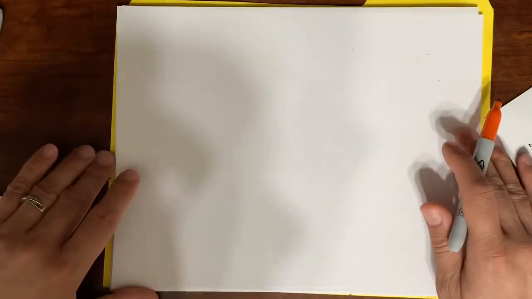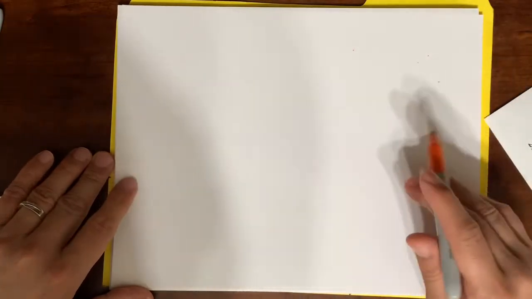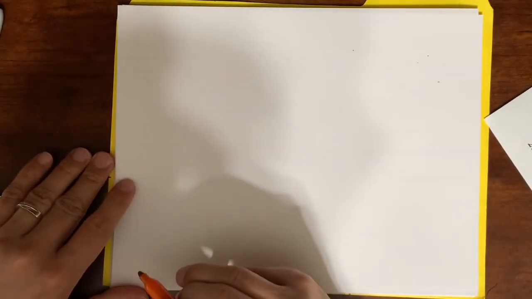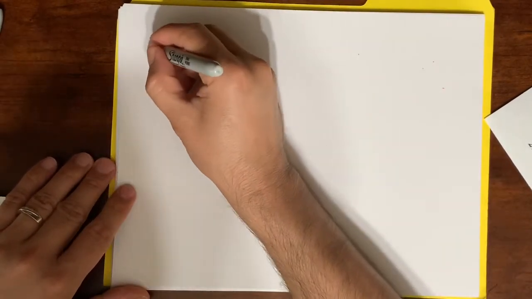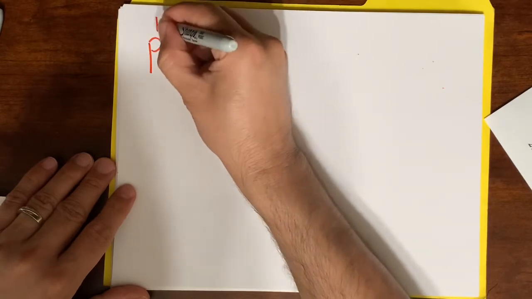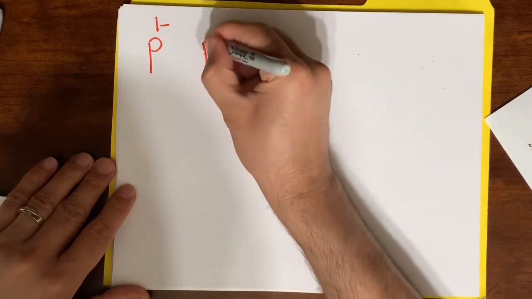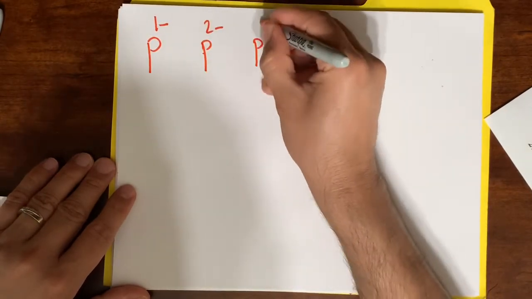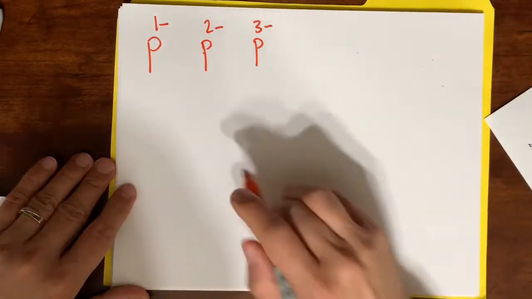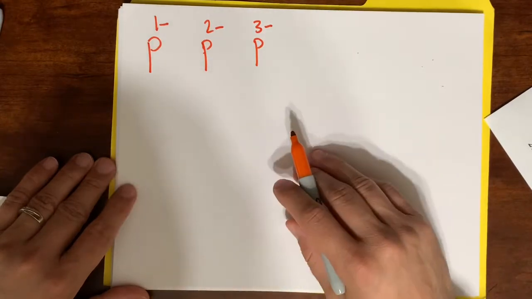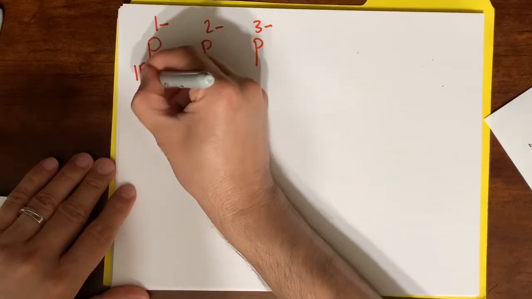So when you're talking about anions, you need to be careful about the charge. So here, phosphorus -1, phosphorus -2, phosphorus -3. We're talking about phosphorus, so it's the same N, the same number of protons. 15 protons.